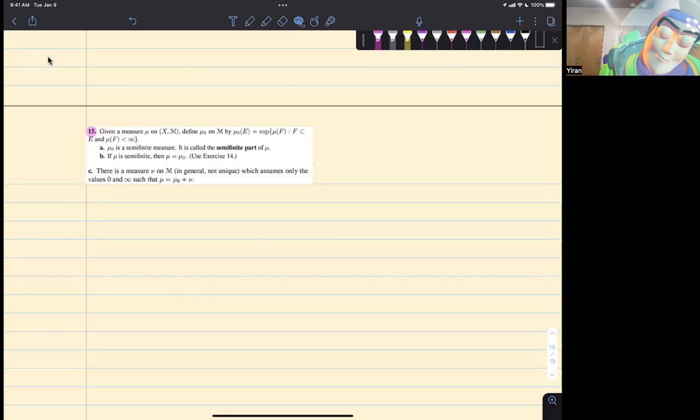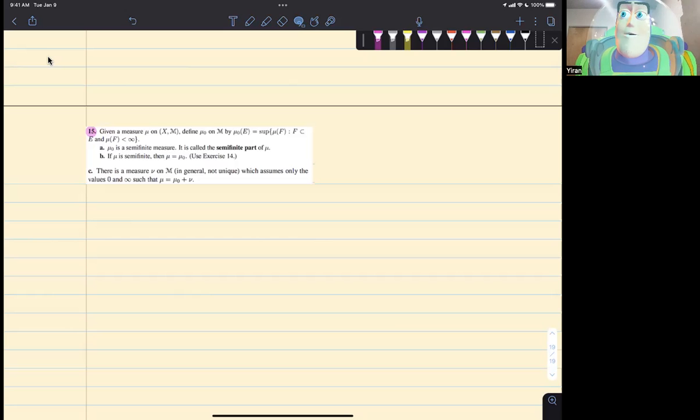Show that this is larger or equal than this. Okay. Well, how do we prove that? Show this is larger or equal than this. Well, case 1, which is a simple case, is that if mu_0(E) is equal to infinity, then we're done, right?